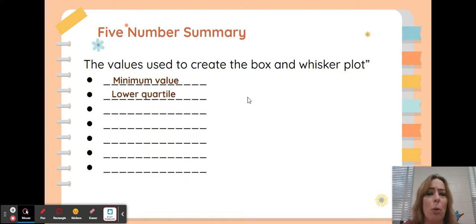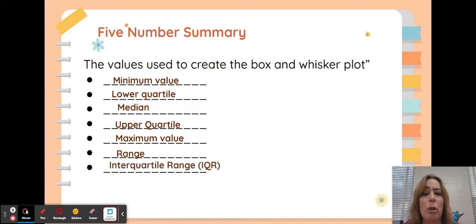Then the lower quartile, and we'll talk about what that means in a little bit. Then our median, then the upper quartile, then our maximum value, and then the range. And then we have something we call the interquartile range, and I'll explain that more in detail. You'll see that a lot, abbreviated IQR.